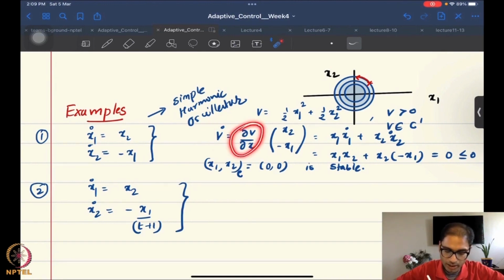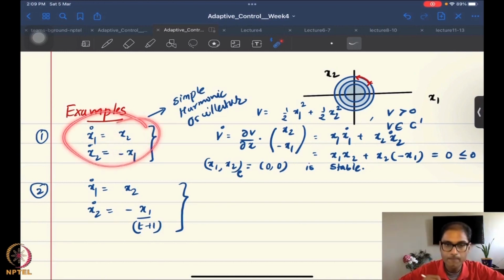Instead of doing a vector calculation, I simply take a product rule, x1 x1 dot plus x2 x2 dot, and substitute for the derivatives from the dynamics because I'm taking the directional derivative along this dynamics, and this is 0. It turned out to be very, very easy. Within a couple of simple steps, I've concluded stability in the sense of Lyapunov.